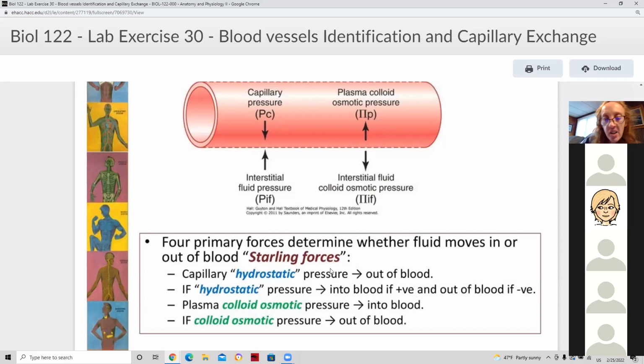When you think hydrostatic, think blood pressure. It's the pressure of the blood volume within the capillary. There's the interstitial hydrostatic pressure, which is the pressure exerted by the fluid surrounding the capillary.